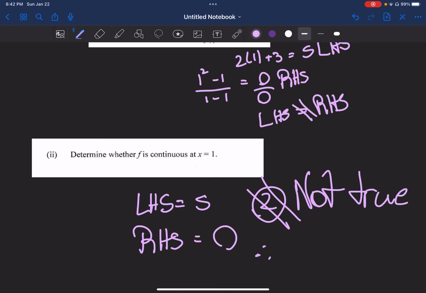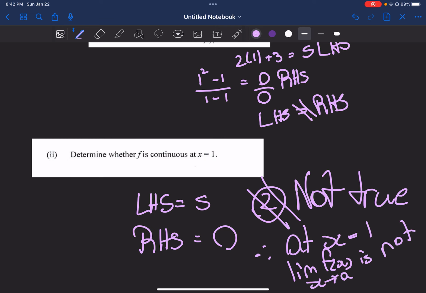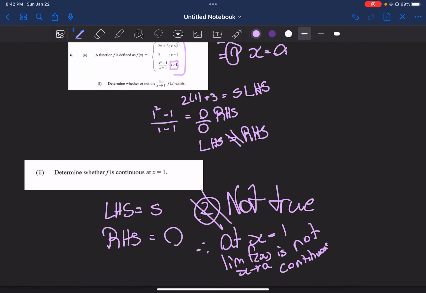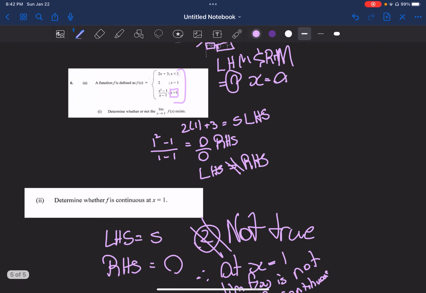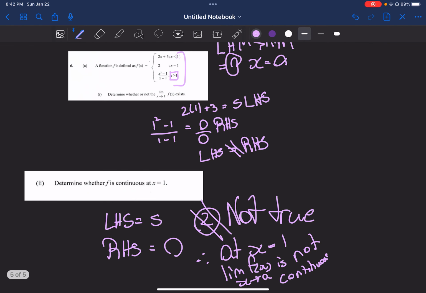Therefore, at x equals 1, f is not continuous. I don't know why I didn't just zoom out. But yeah, that's essentially it.